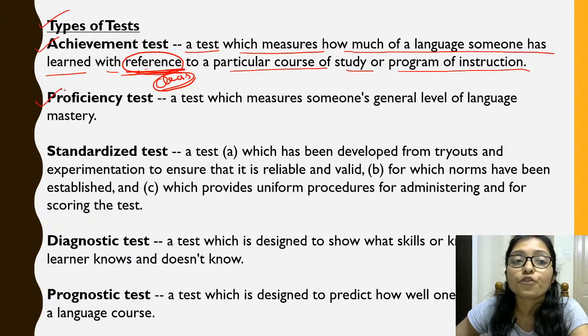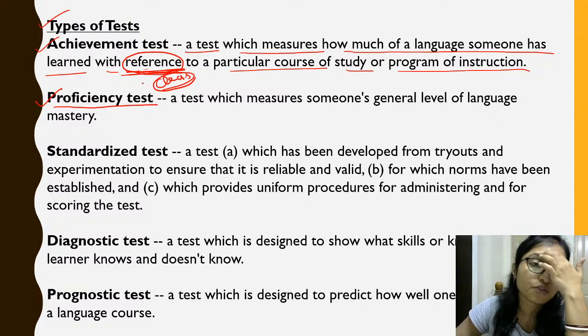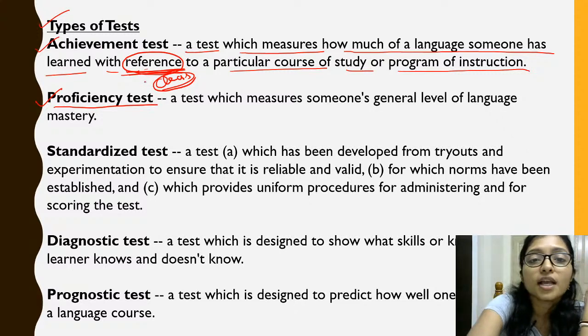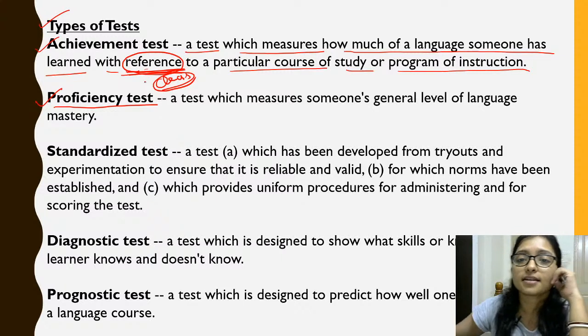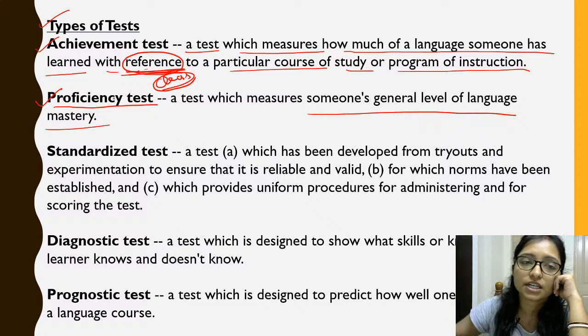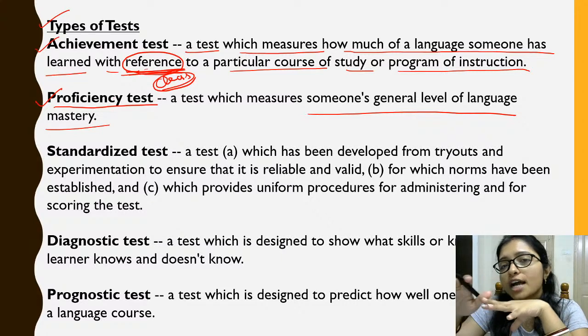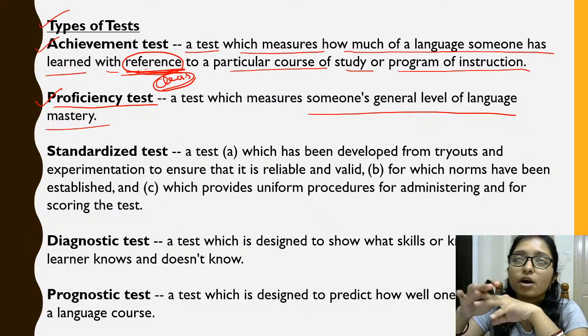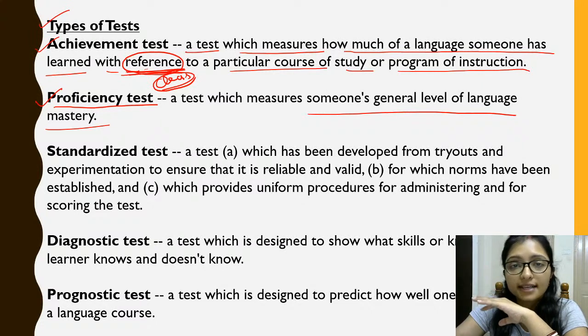Now proficiency test. Another is proficiency test. Proficiency test is a test which measures someone's general level of language mastery. It is not bothered about whether you have cleared the exam or not.